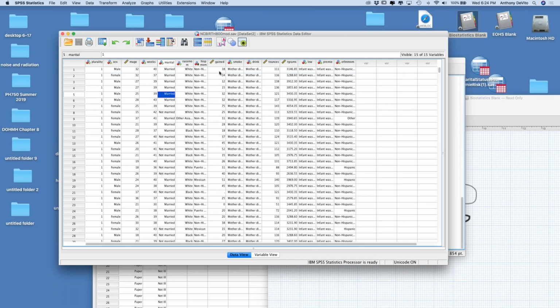She gained 38 pounds, and her baby weighed 111 ounces. This woman gained 32 pounds, her baby weighed 117. This woman gained 75 pounds, and her baby was 143. This one gained 52 pounds, and hers was only 112, almost the same as one that gained only 38 pounds, right? So we can see it's not too predictive.